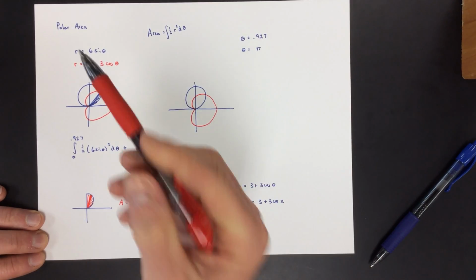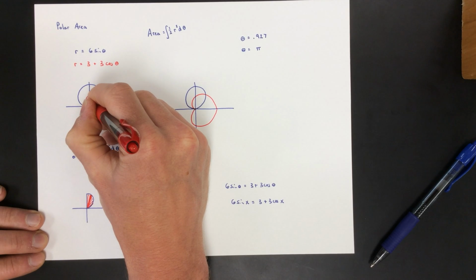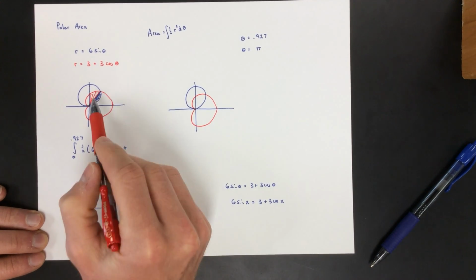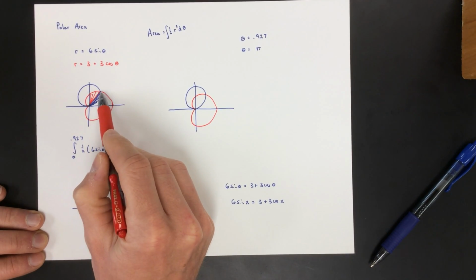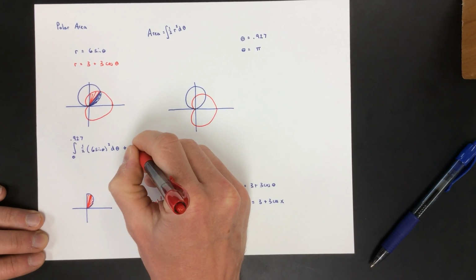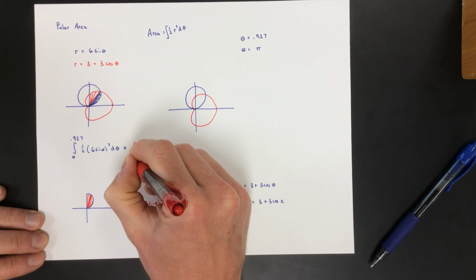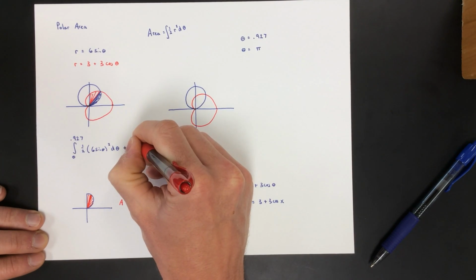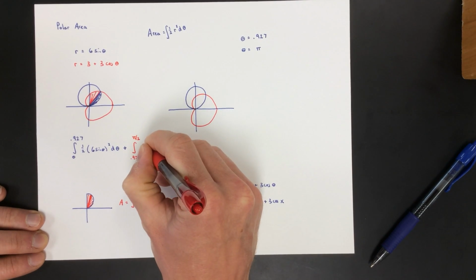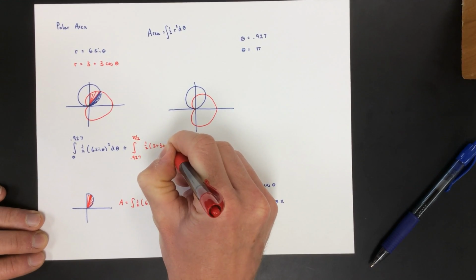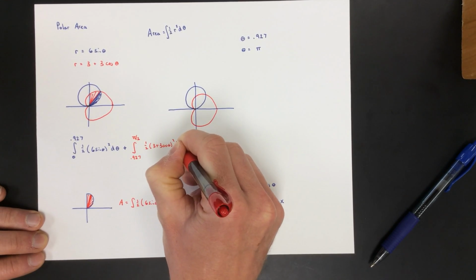plus you need to add up these sectors. These sectors are bounded by the red curve. And you can see now I have the area I want, the area inside the cardioid and inside the circle in quadrant 1. So then I need to integrate from 0.927 all the way to pi over 2, which gives me all that first quadrant area, of 1/2 (3 plus 3 cosine theta) squared d theta.